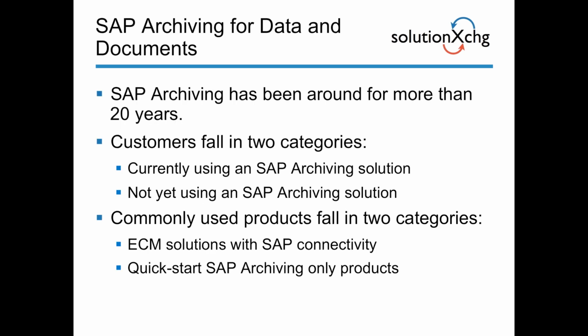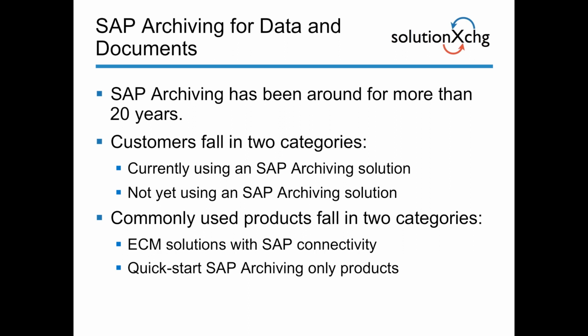Let's move to the next slide. SAP archiving has been around for more than 20 years. In the early SAP days, SAP archiving was a simple storing of images attached to SAP business objects in just one or two application areas. It has increased and expanded over the years in many different ways.